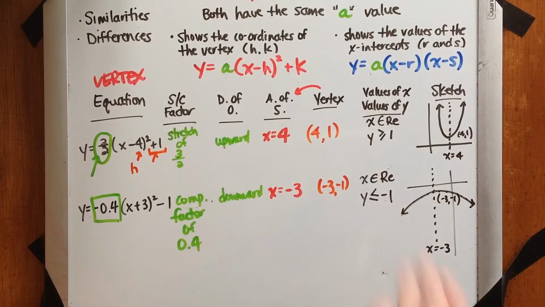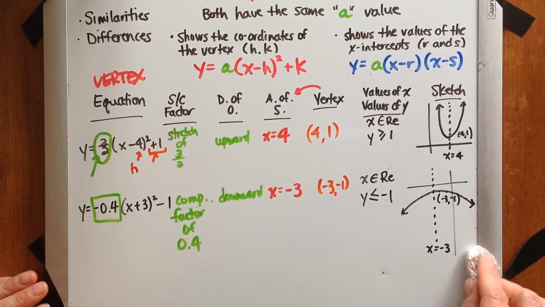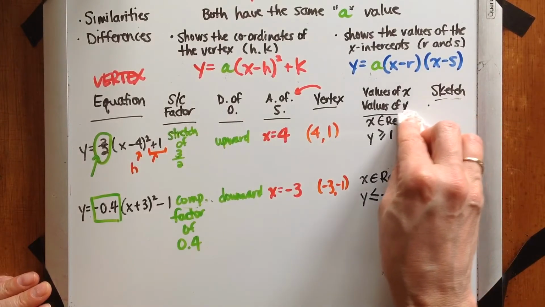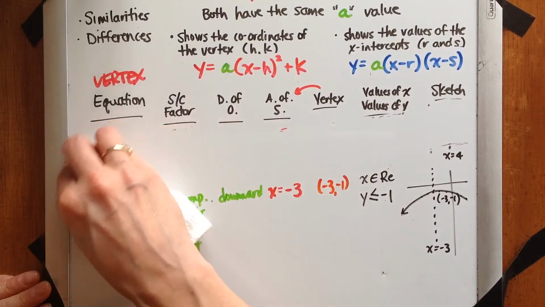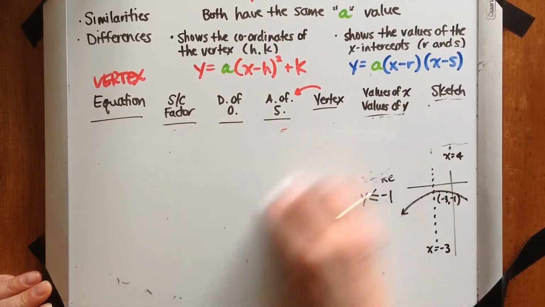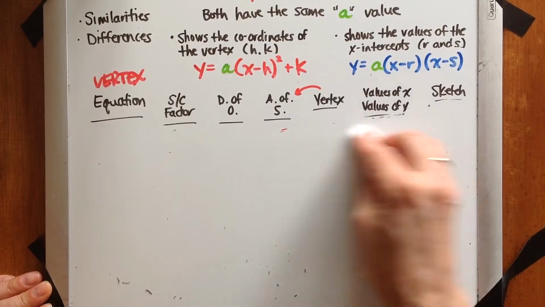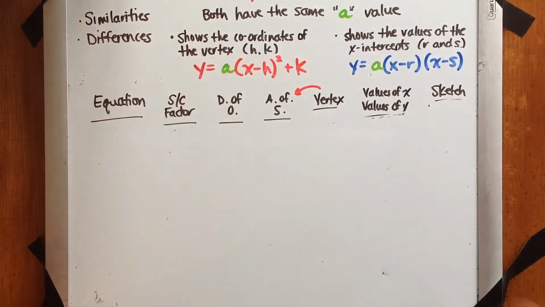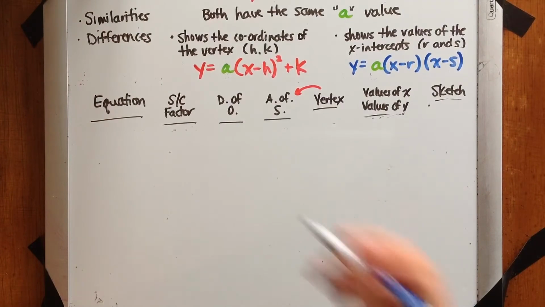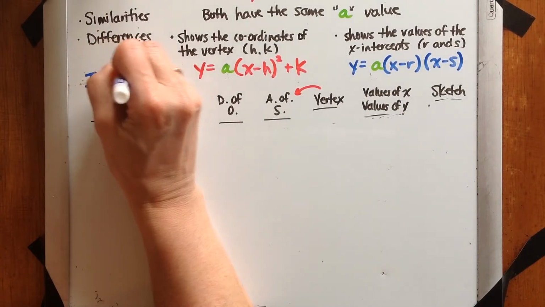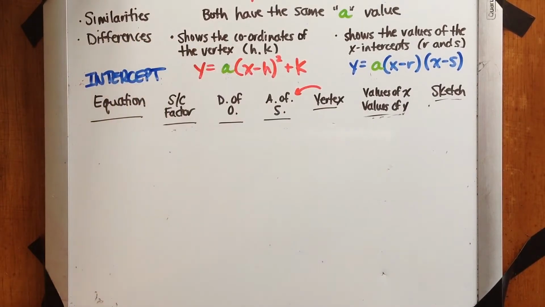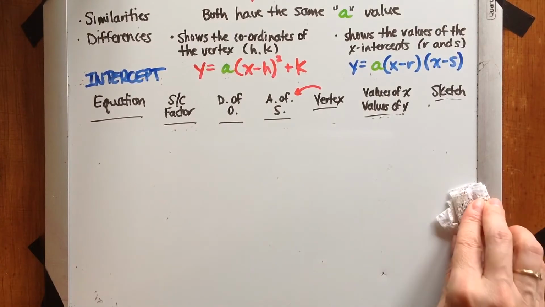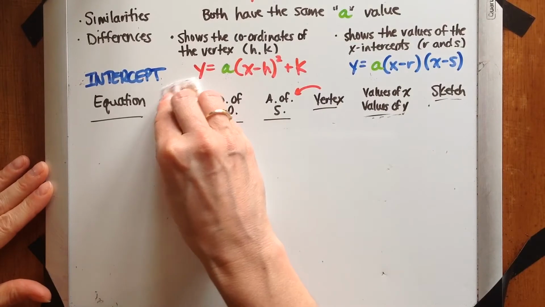All right. So there's a summary of some information you can pull out of vertex form just from looking at the equation. I'd like to do a similar thing now for intercept form. We're going to make a couple of minor changes to the titles just because of what that equation gives us directly by inspection and what it does not. Okay, so let's go to intercept form, and we're going to squeeze in one more column.